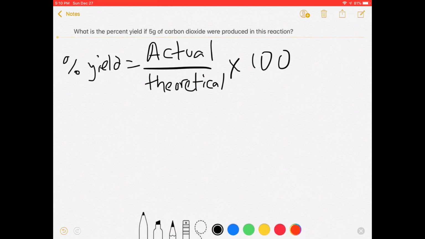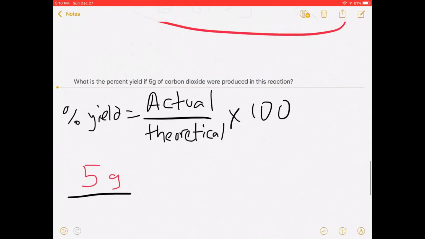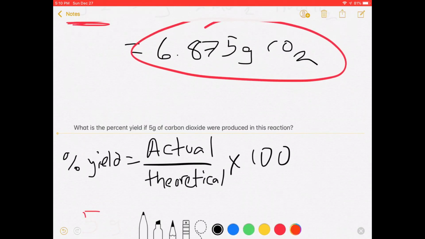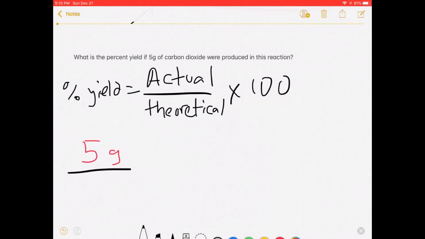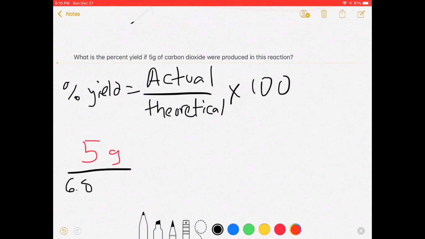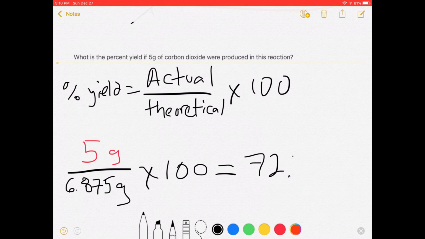We're given the actual yield, which is 5 grams in this case, and we're told by the formula to divide the actual yield by the theoretical yield, and our theoretical yield we just calculated right here to be 6.875 grams. So I'm going to write that down here: 6.875 grams. Next, we multiply all of that by 100, and you should get 72.7% as your percent yield.